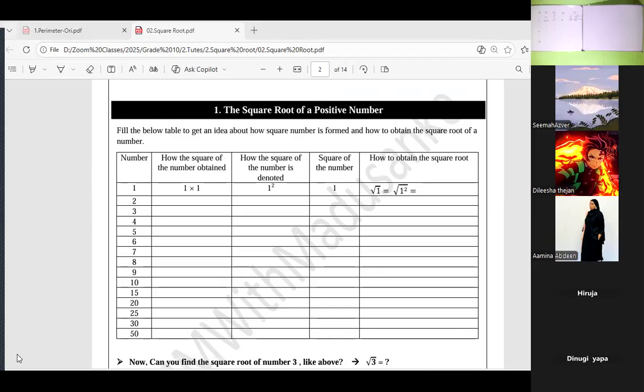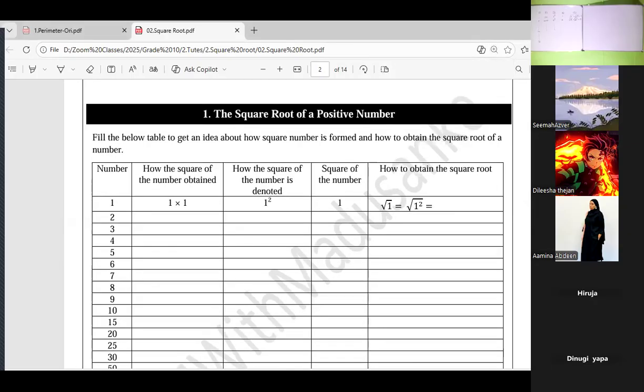Right? So, Pooja, this is the number, and this is how the square of the number is obtained. Shall I zoom this out somewhat? Zoom a little more.